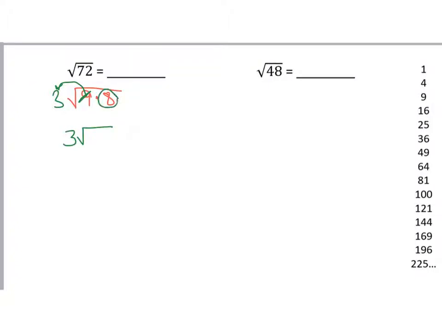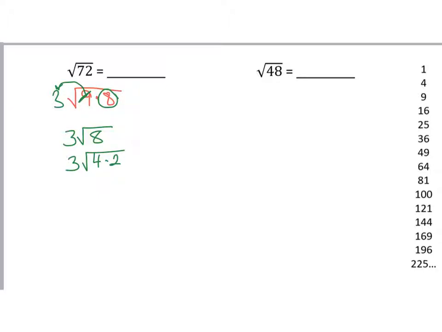What's left inside? 8. So now we have to look at the 8. Can the 8 be divided by anything in my perfect square list? 4. Okay? So I'm going to do the same thing. What am I going to change the 8 into? 4 times 2, because 4 times 2 is 8.